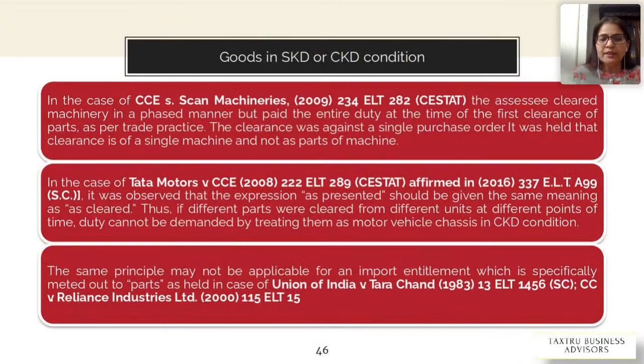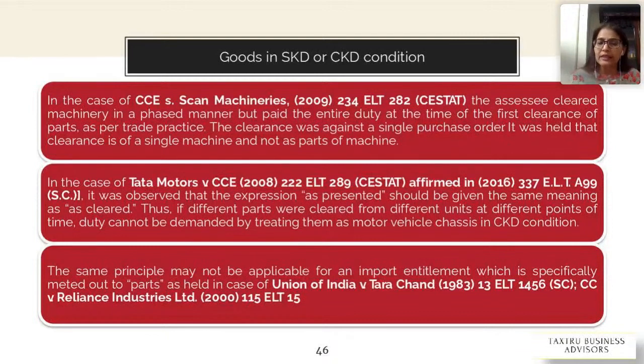So there are many judgments when goods are in CKD or SKD condition, as I have already mentioned, but there are a few other judgments which we have quoted here. In Scan Machineries, the assessee cleared the machinery in a phased manner, but paid the entire duty at the time of the first clearance itself. As a trade practice, the clearance was against a single purchase order.